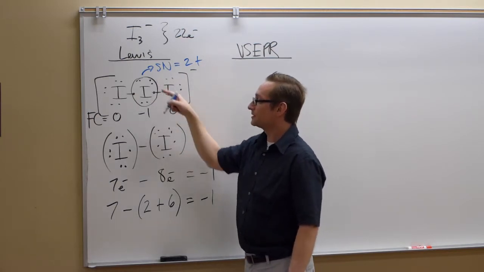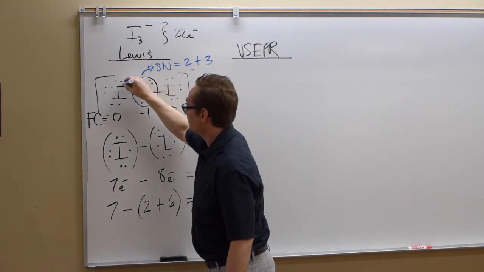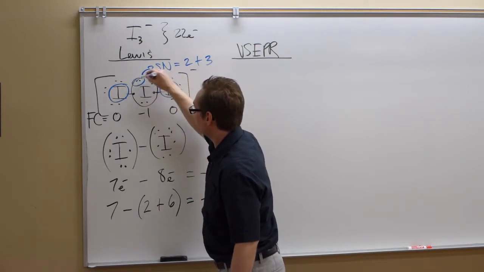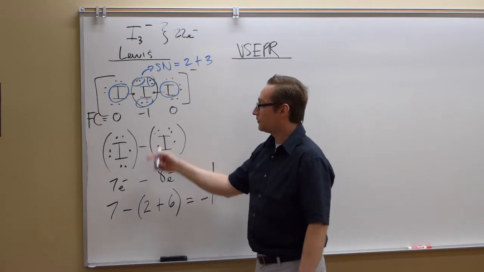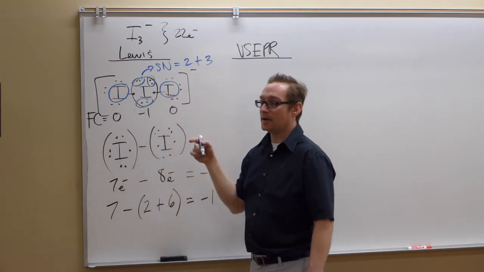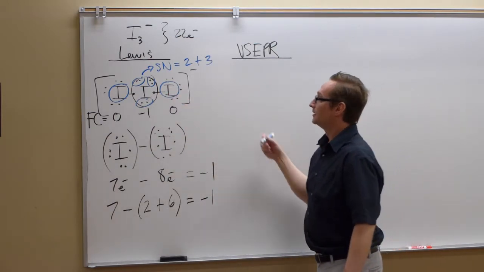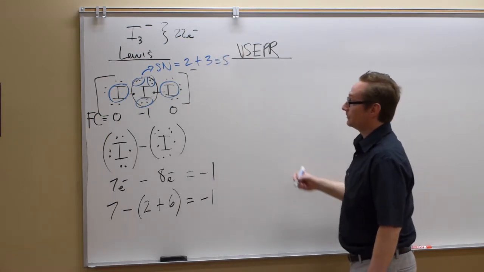We're doing it by pairs. I've got 3 pairs. So don't confuse it with formal charge where I'm just counting the dots. In this case, I'm counting the bonded atoms and lone pairs for steric number. So I still have a steric number of 5.